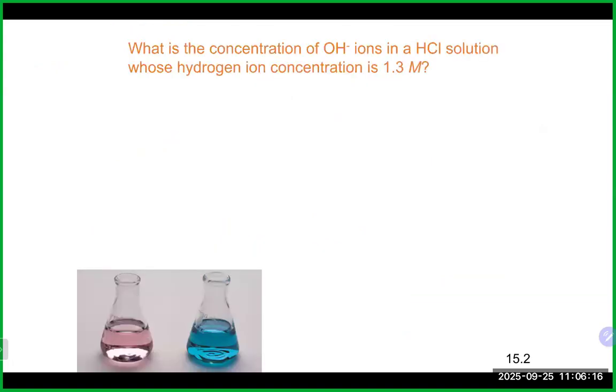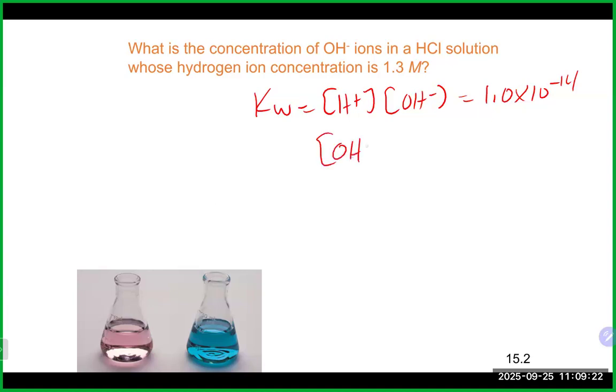All right, so why don't we try one here? What is the concentration of hydroxide in this solution if it is 1.3 molar hydrogen ion? All right, so let's take a look. Obviously here we're going to use our Kw, which is the H plus concentration times the OH minus concentration, and again, pretty much a constant value of 1 times 10 to the minus 14. Good news, like I said before, it's pretty much the same calculation regardless of which one you're given.